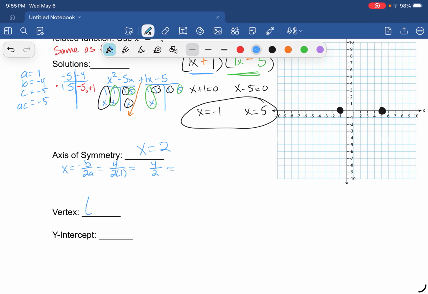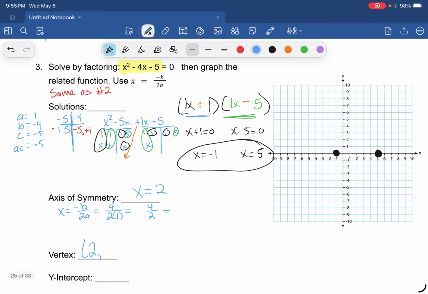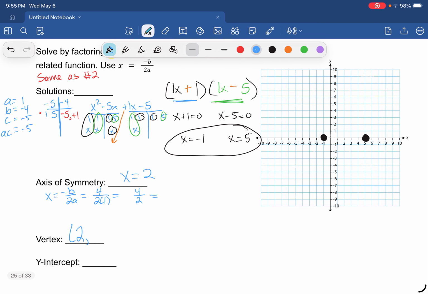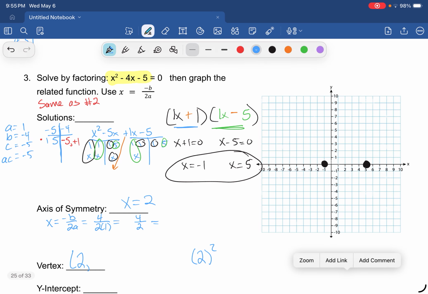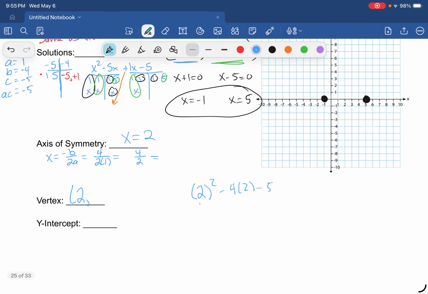This also means that my vertex is happening at 2 comma something. To find out what my y-coordinate of my vertex is, I would plug 2 in for x. So I have 2 squared minus 4 times 2 minus 5. Okay, I don't have a calculator with me.